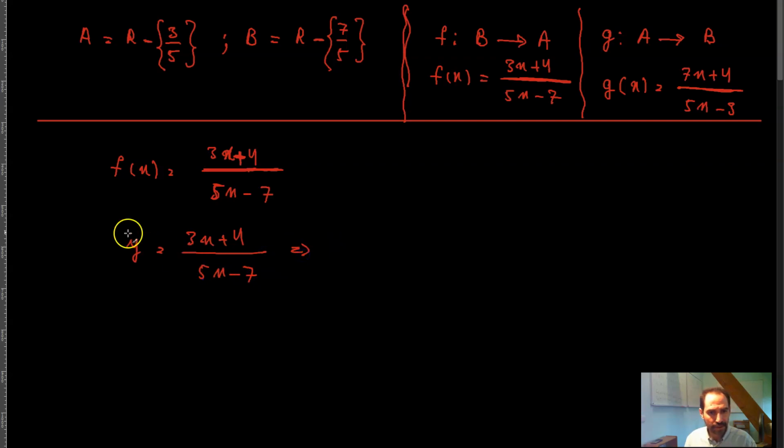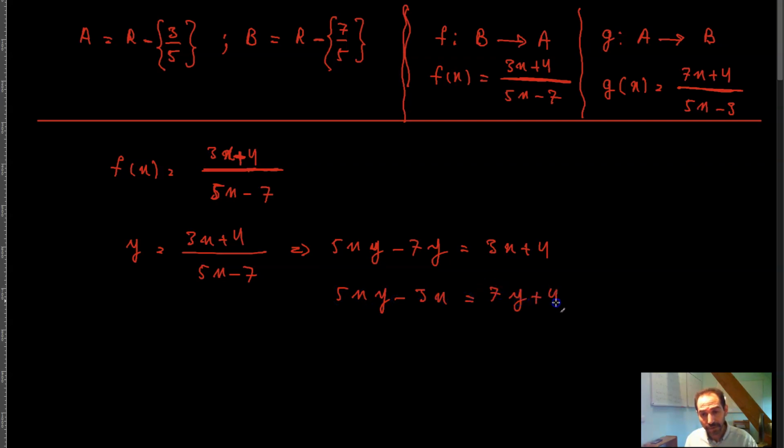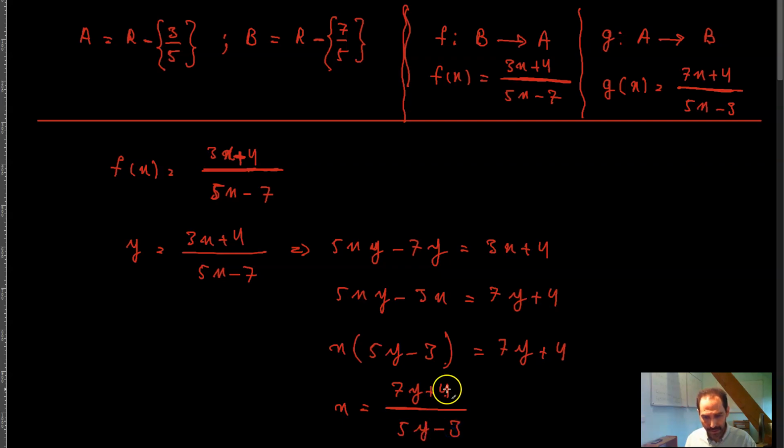Cross multiplying, I get 5xy minus 7y equals 3x plus 4. Putting all the x's together, I get 5xy minus 3x equals 7y plus 4. Taking an x out, x times (5y minus 3) equals 7y plus 4, which gives x equals 7y plus 4 over 5y minus 3.